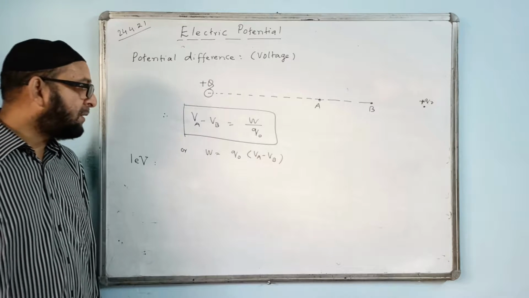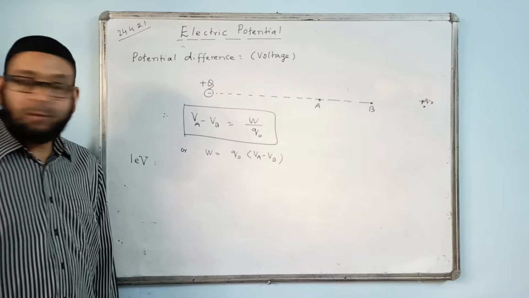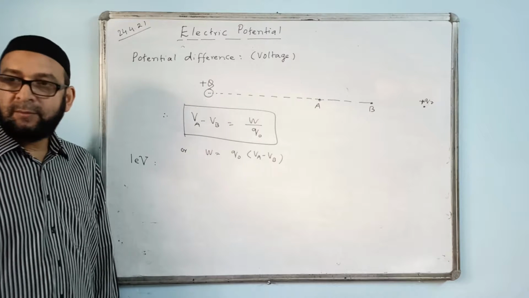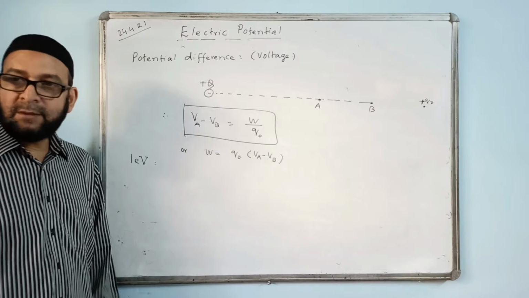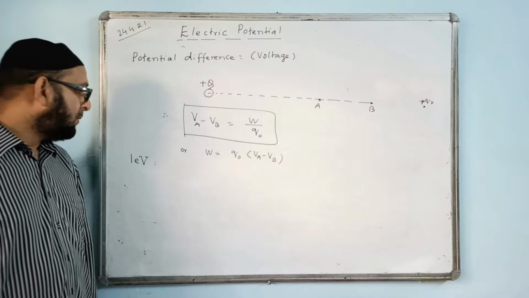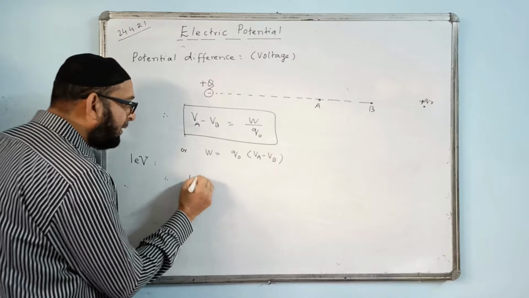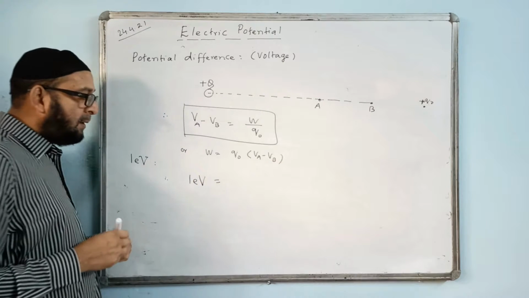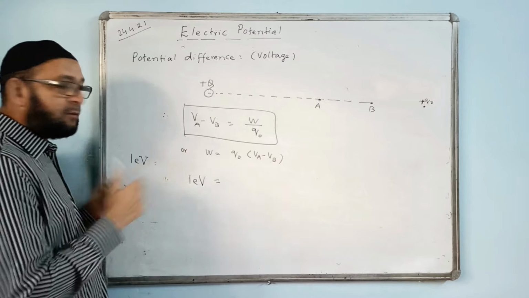It is the amount of energy gained by an electron through a potential difference of 1 volt. So therefore we write like this: 1 EV equal to, in 1 EV how many electrons are there? 1 electron.